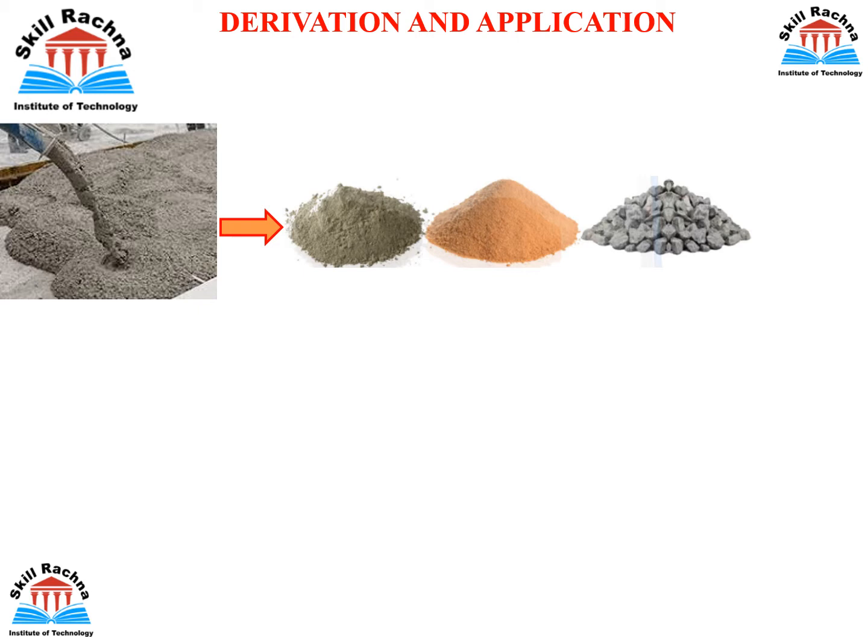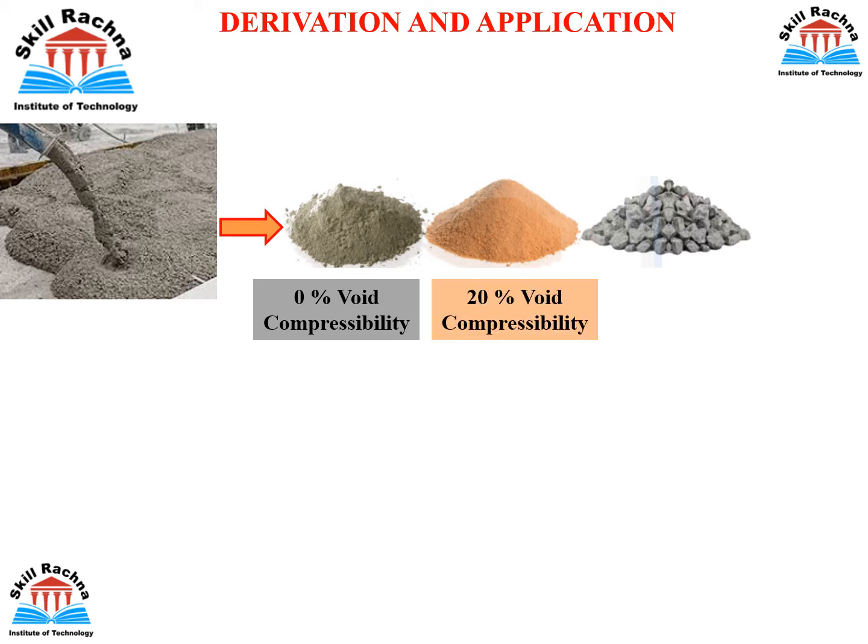Void compressibility means, if I add water to any of the materials, how much it gets compressed. For example, for cement, if I add water, the compressibility is almost zero, because it is a very fine element, so after adding water it does not change much. For sand, the compressibility is 20%, and similarly for aggregate it varies from 30 to 35%.